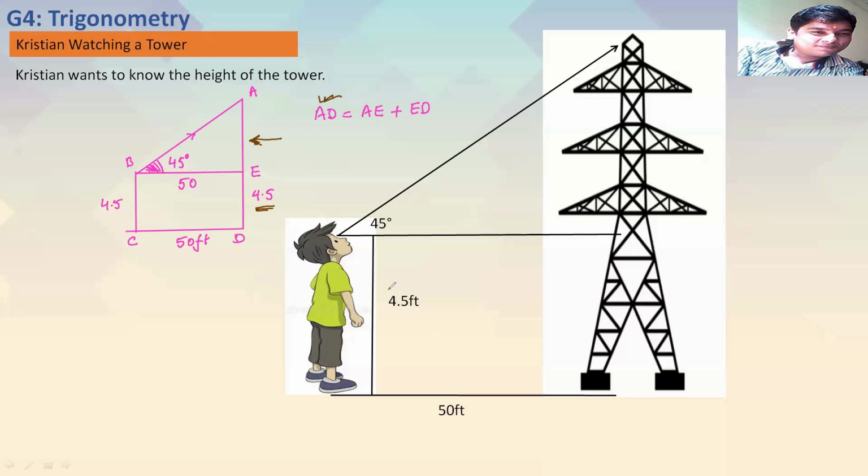Do you have any idea how to manipulate the data here and get the value of AE? Find the length with the angle and the 50. Yes, we will use the angle and the length 50, length BE, to figure out AE.